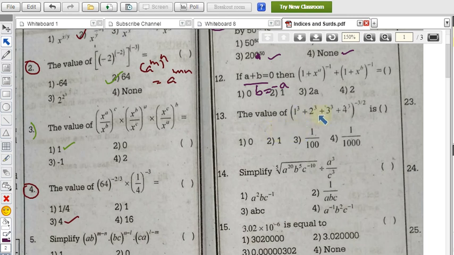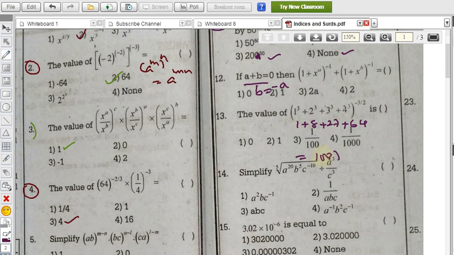Similarly, 1 cube plus 2 cube plus 3 cube plus 4 cube whole to the power minus 3 by 2 is dash. The sigma n cube formulas are there, but if you don't know, you can simplify. 1 cube is 1, 2 cube is 8, 3 cube is 27, 4 cube is 64. If I add everything: 9, 36, 100.